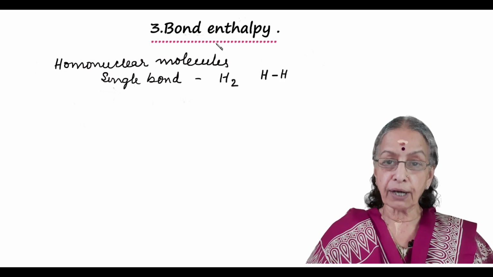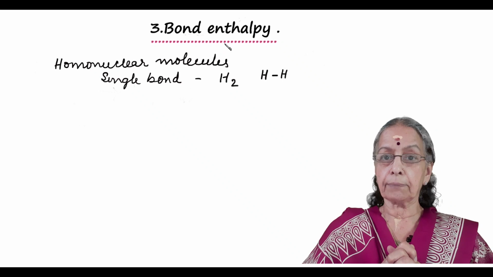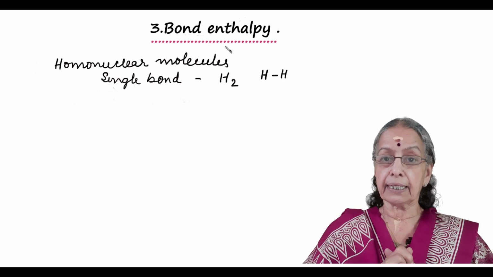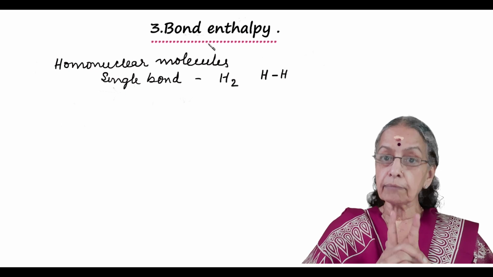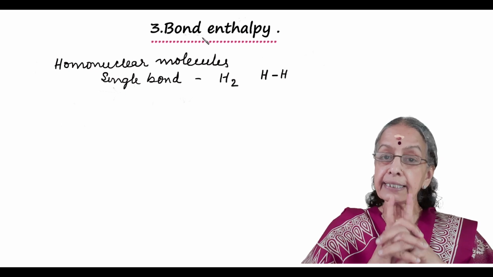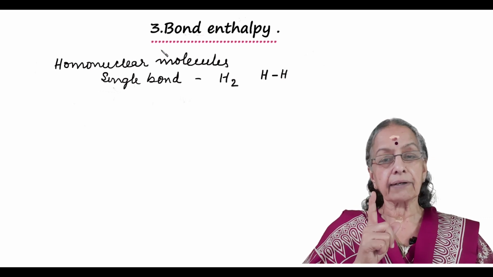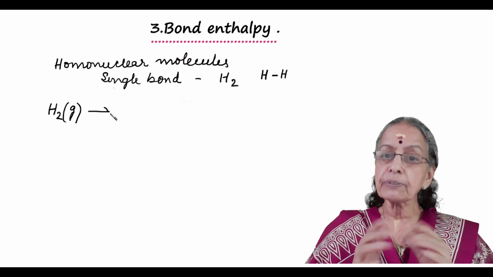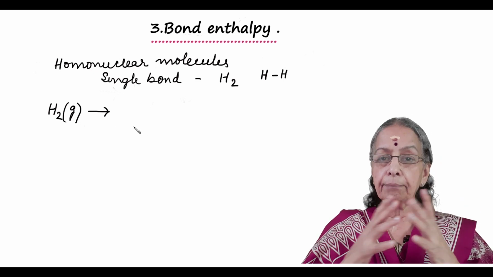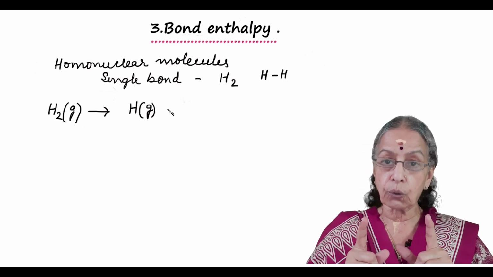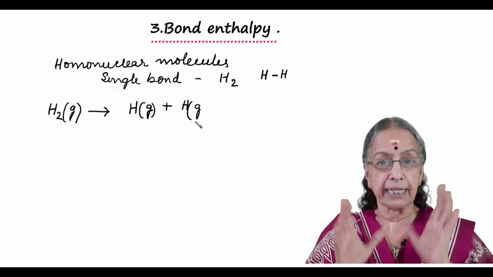H single bond H. Bond enthalpy is the change in energy accompanying the breaking of 1 mole of bond of a substance in gaseous state. Consider 1 mole of hydrogen gas. It absorbs sufficient energy and breaks up into atomic hydrogen also in gaseous state.